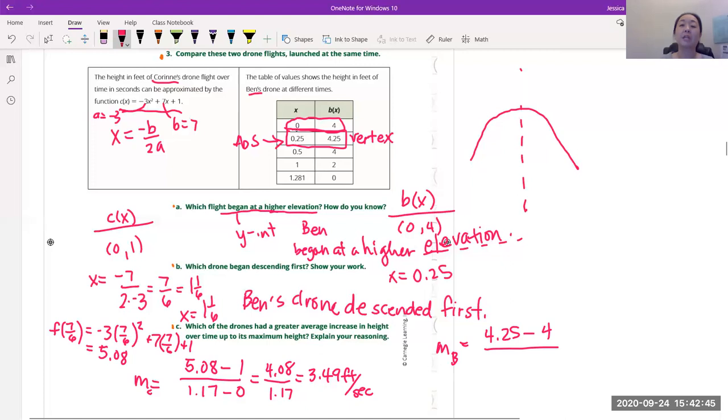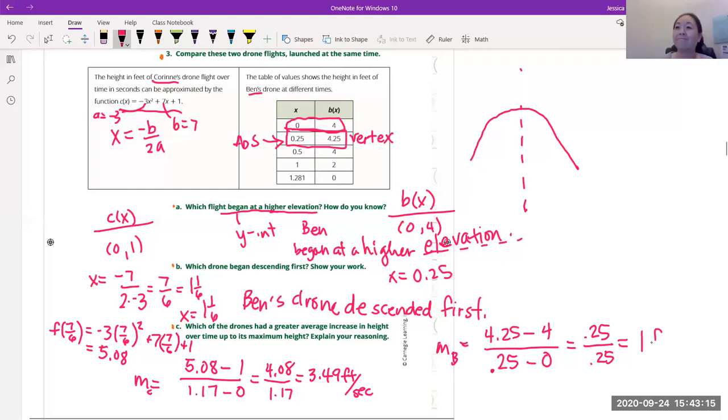And now we're looking at the x's. Well, he started descending at 0.25, right? And then minus, and we started at 0. So what do we end up getting? 0.25 over 0.25. Well, what's 0.25 over 0.25? Don't need a calculator. Just how many times does 0.25 go into 0.25? One time. Slope is 1. So Ben's drone is averaging about 1 foot per second.